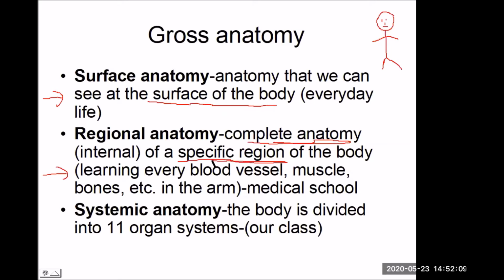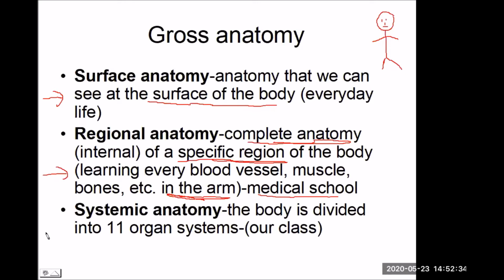So for example, I have this example here for the arm, learning all of the complete anatomy of that isolated body part. So meaning learning, of course, the bones of the arm, the muscles, the blood vessels, the nerves, all collectively. And this is a more advanced level of study.